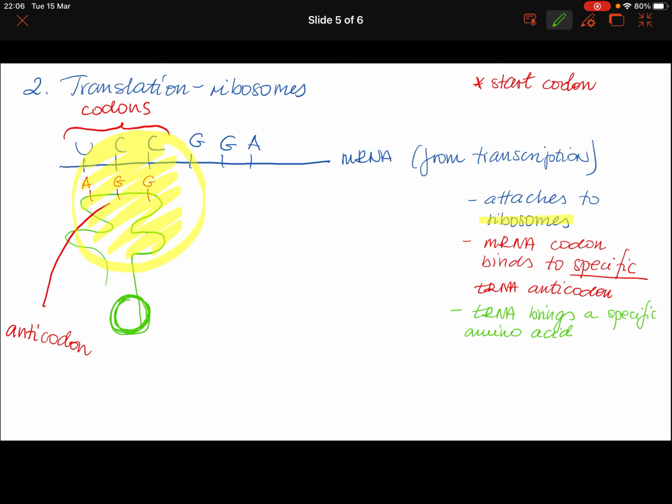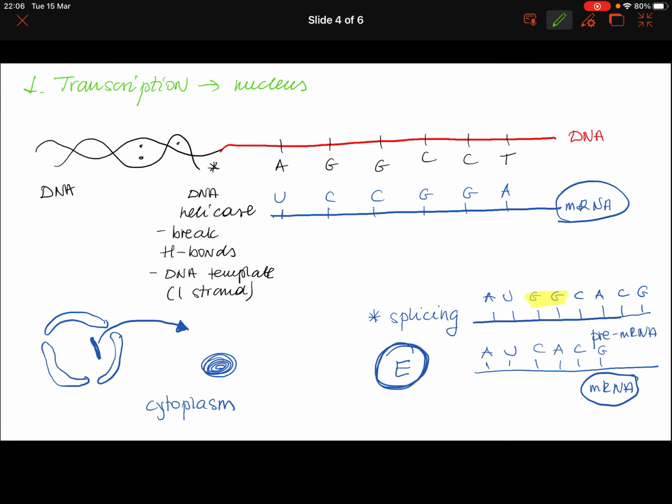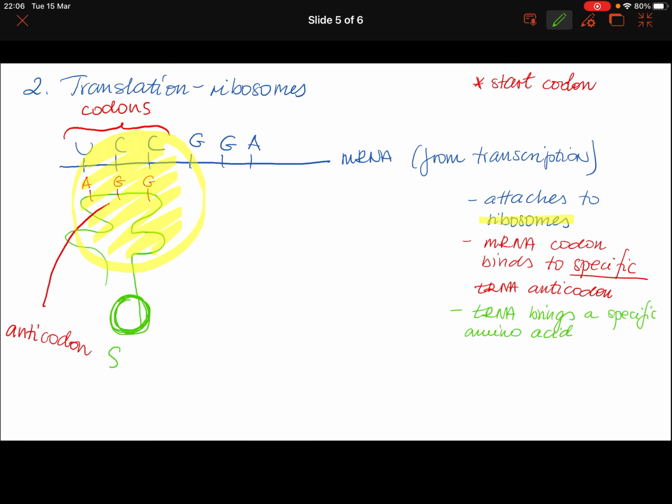How do I know which amino acid I am bringing? Obviously, from the codon tables from our previous exercise. So I'm looking back at the sequence of UCC. What's UCC coding for? So UCC, remember, first letter U, then C and C, it's coding for serine.